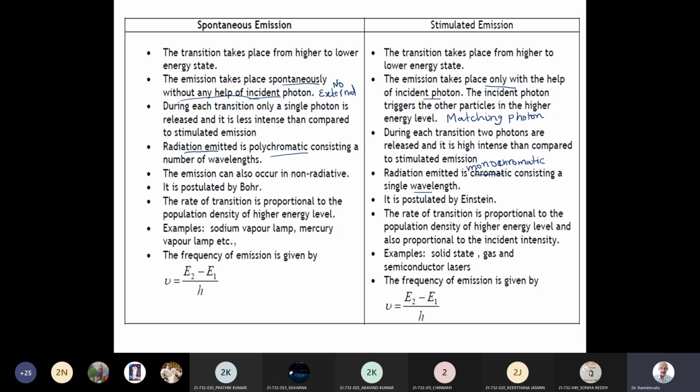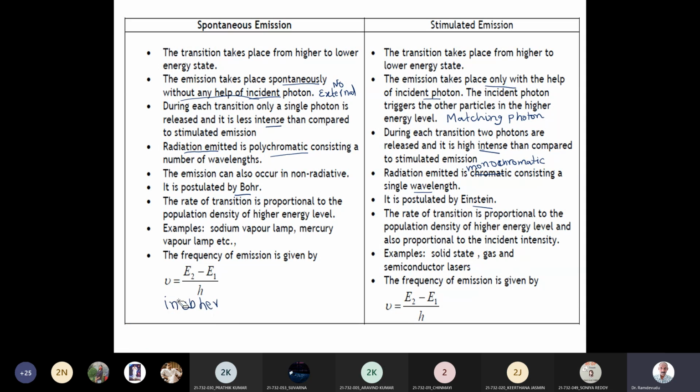Radiation emitted is monochromatic, but spontaneous is not monochromatic. And actually this is proposed by Bohr and this is proposed by Einstein. And then another important thing is that spontaneous emission is less intense, but stimulated emission is highly intense. Then one more thing I have to add is that we will get an incoherent beam from this.